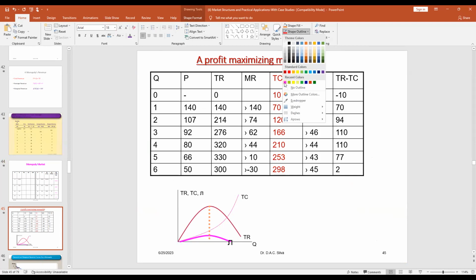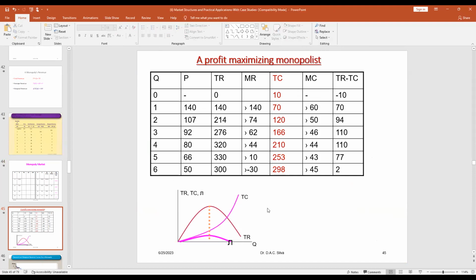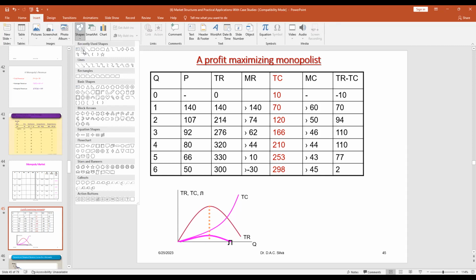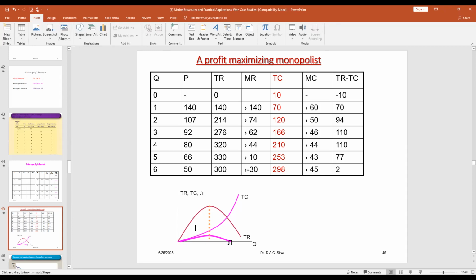TC is the same as in the perfectly competitive market. Look now, the gap is very big. If I draw the perfectly competitive market TR curve, it goes like this.